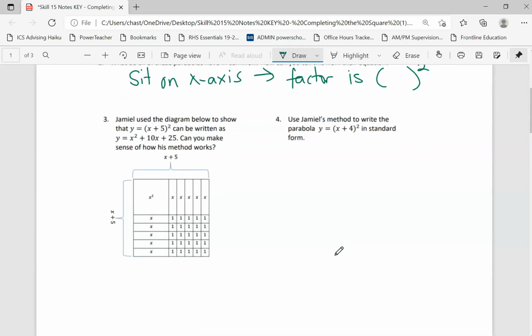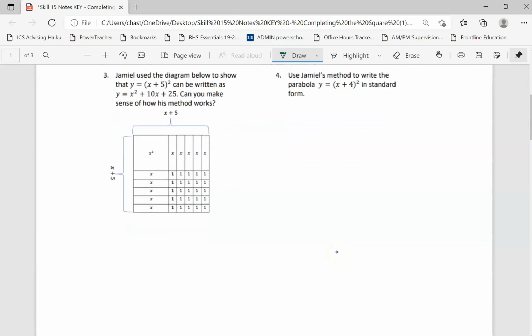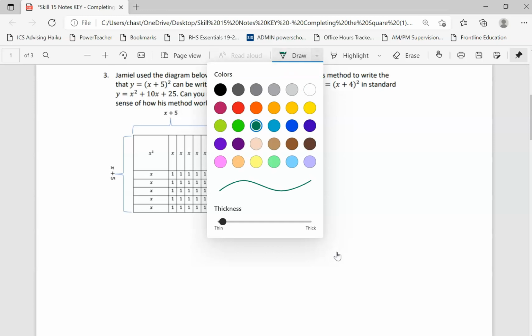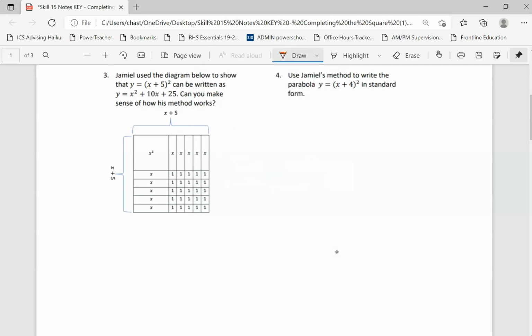So we're going to start off using a diagram. It says, Jamil used the diagram below to show that x plus 5 squared can be written as x squared plus 10x plus 25. Can you make sense of how this method works? Well, if we look here, we have to remember that x plus 5 squared means x plus 5 times x plus 5.